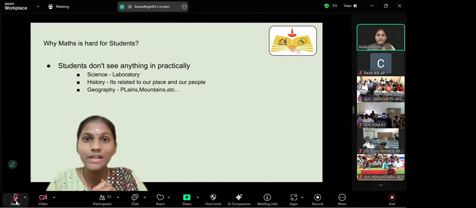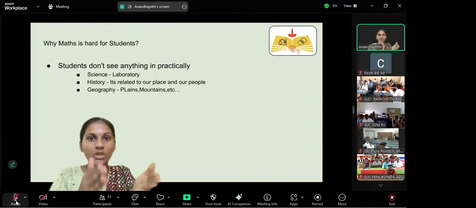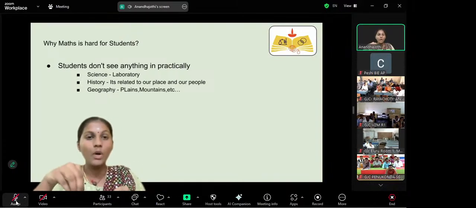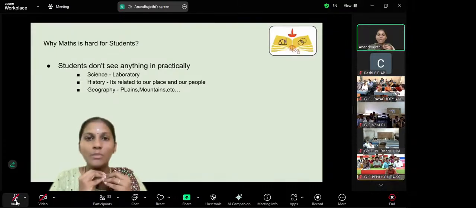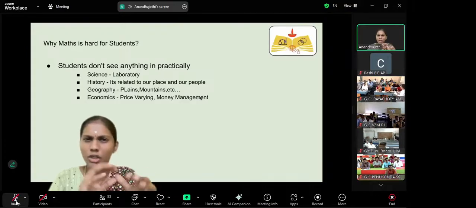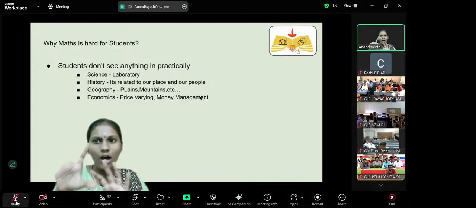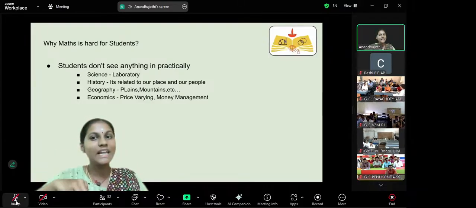What about geography? Geography is about what is located in which place. If we take India, in the north we have mountains, in the south we have oceans. So in geography also they can relate with their daily life. And economics sounds a little hard, but they can see that in real life too.